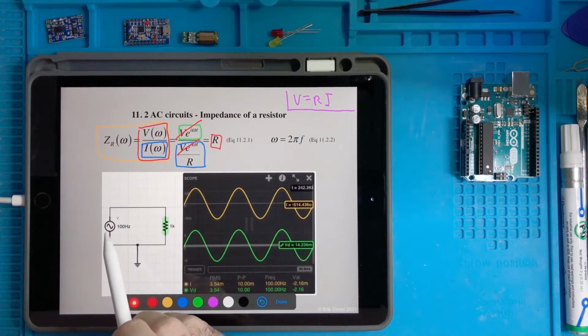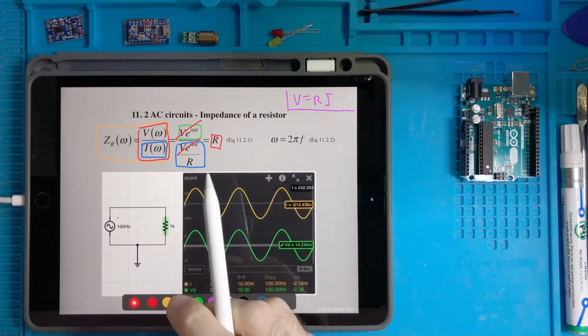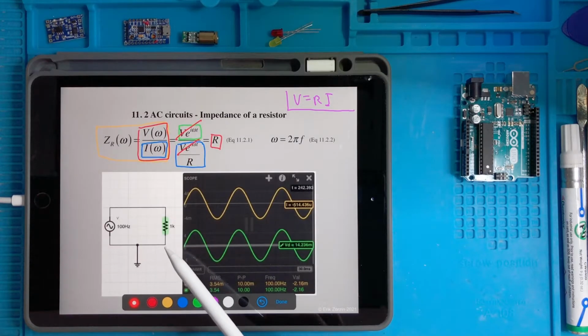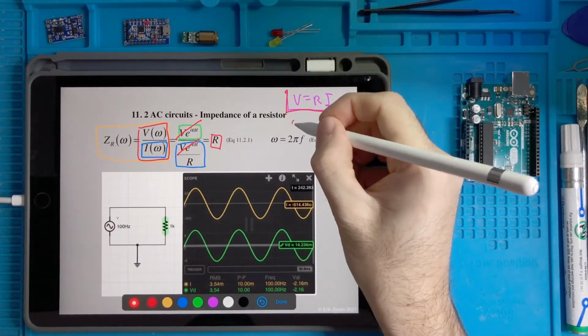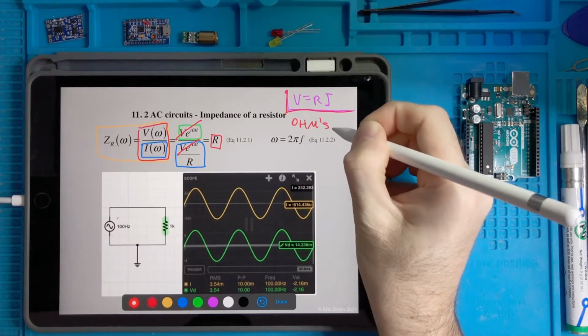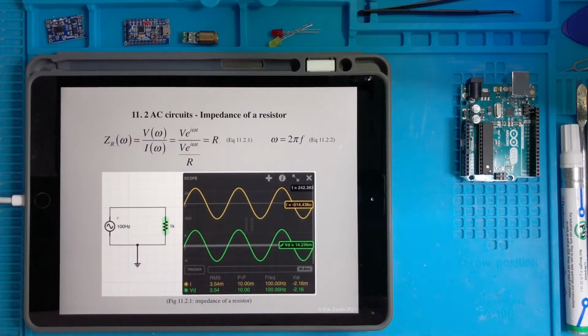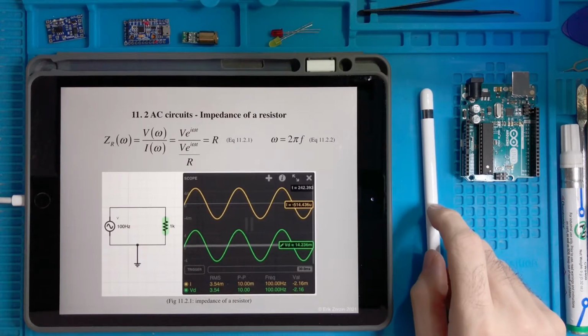So if we apply a sinusoidal signal of voltage to a resistor, then we have across the resistor the same sinusoidal signal and the current according to the Ohm's law. Okay. So nothing changes for resistors if we switch from a constant value to a signal which is time variable.